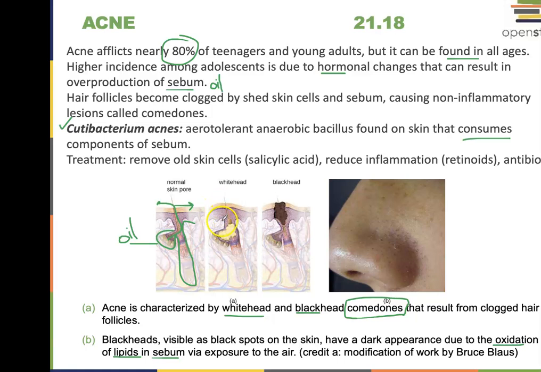So you want to hasten or speed up the process of skin cells coming off, and this is really common. You'll see it in all those soaps and acne products. You'll also have products, a little bit more severe, retinoids, that will reduce the inflammation. And then if you are really suffering from acne, they will give you antibiotics, and sometimes the creams will have antibiotics in them.